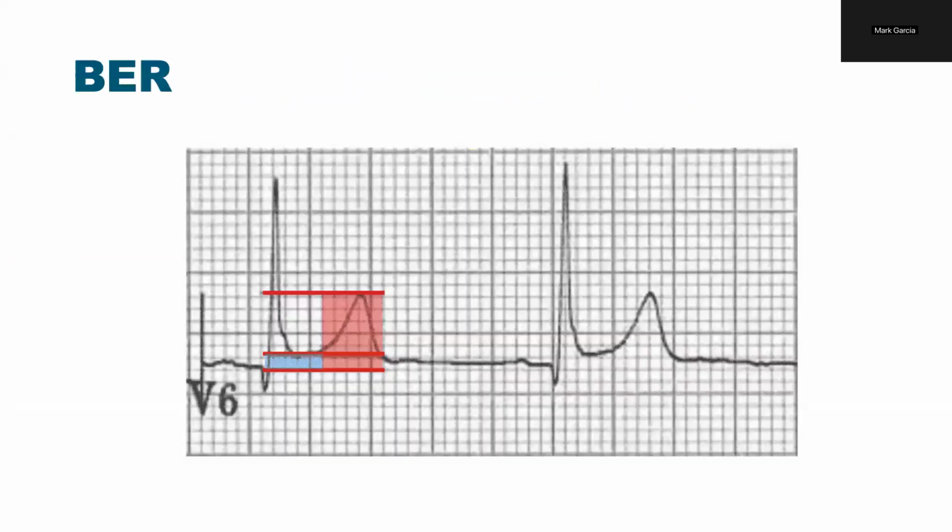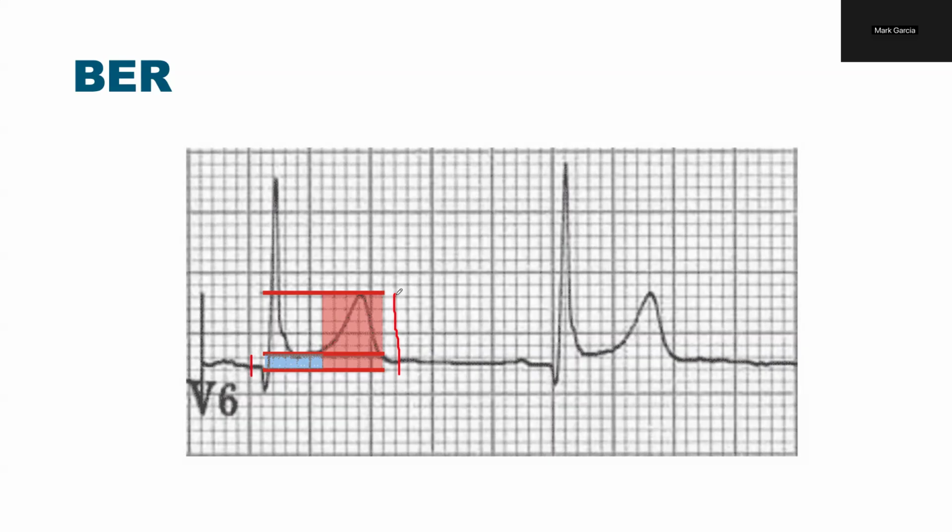So here you will see there's some ST elevation. It's not particularly high, so we'll say that's about 1 millimeter, whereas the height of the T wave is about 6 millimeters. So if you do the math there, the ratio is 0.16. That is less than 0.25, so this becomes likely to be benign early repolarization.